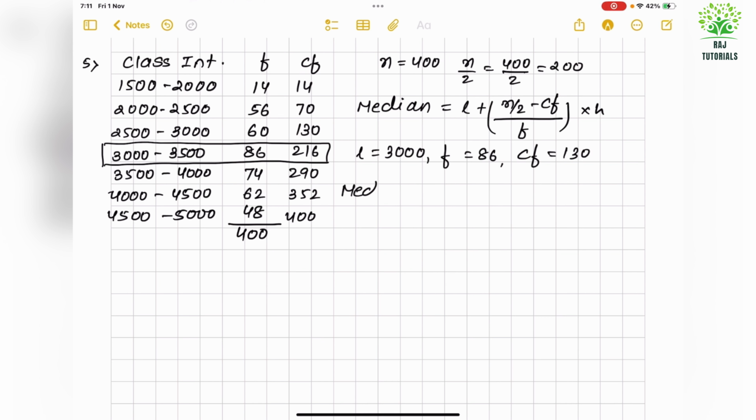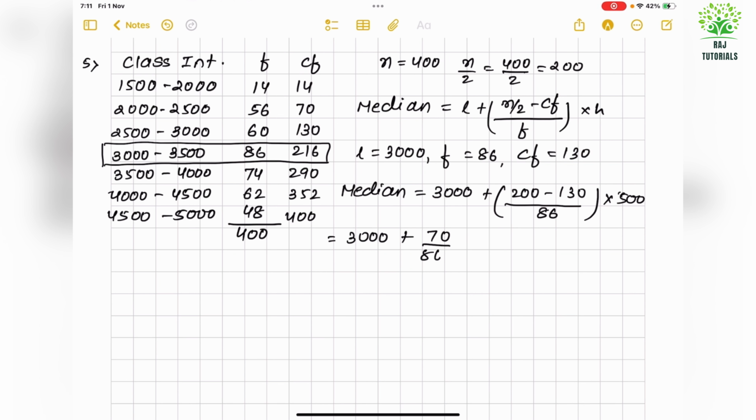So putting the values, median will be 3000 plus 200 minus 130 upon 86 into 500. So this will be 3000 plus 70 upon 86 into 500.